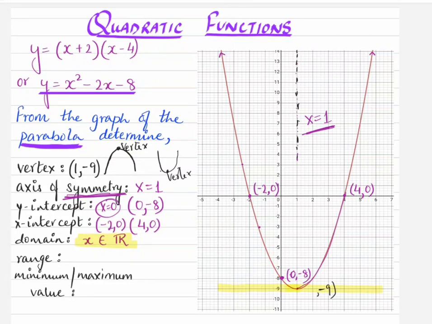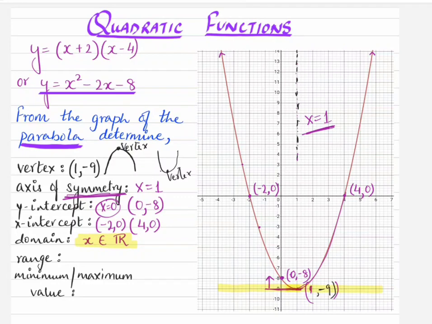So now we know that for the vertex, which is -9, so a y value of -9 here, and anything above that, the function is defined. The quadratic function covers those y values, but that is the minimum point of the quadratic function.